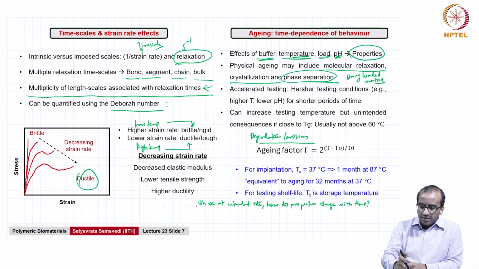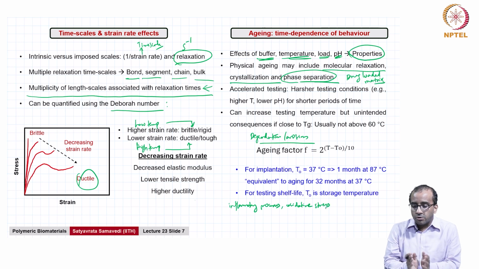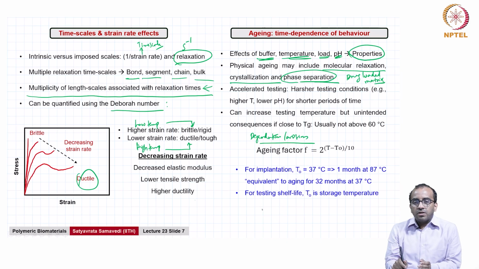You can also have other kinds of aging arising from things like inflammatory processes, oxidative processes or oxidative stress. All of these can also contribute to aging. Now, why is this important? This is important because these factors will contribute to change in properties over time, which is going to change the performance of the material over time.